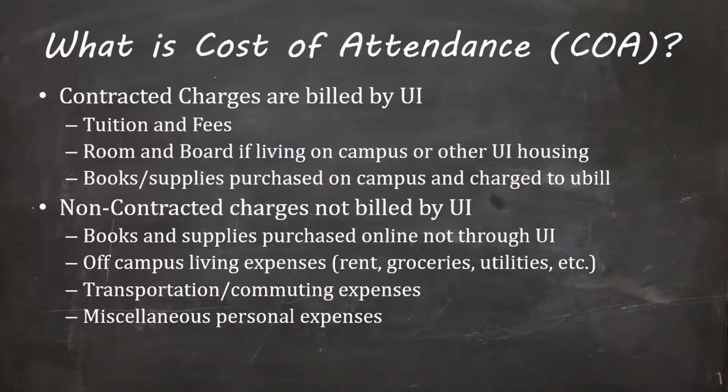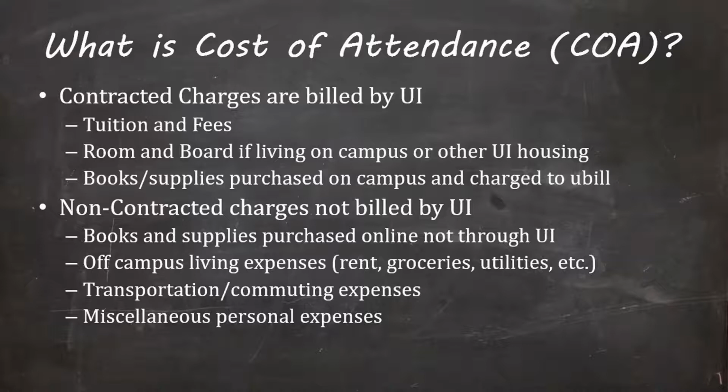To go into a little more detail about costs, I usually like to explain a little bit about contracted charges and non-contracted charges. As a student, when you receive a bill, a contracted charge would be anything you're normally billed for through the university, which generally can be tuition and fees and room and board if you live on campus. In some cases, if you live off campus through maybe a university apartment, you could also be billed for room and board or room.